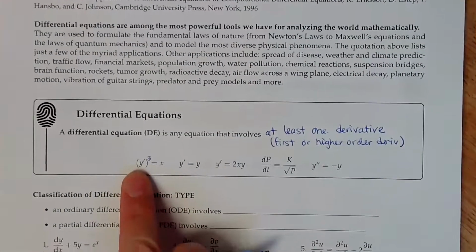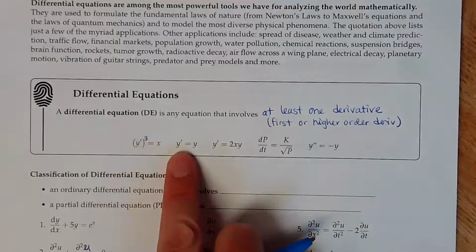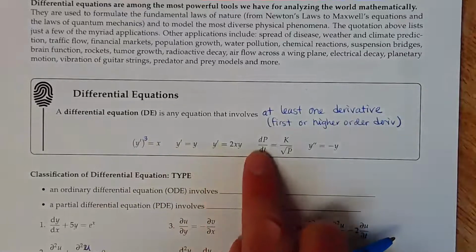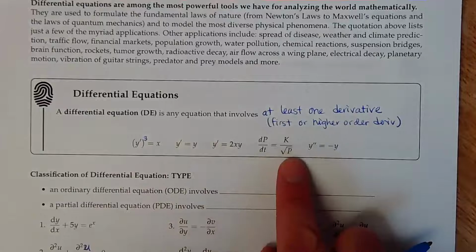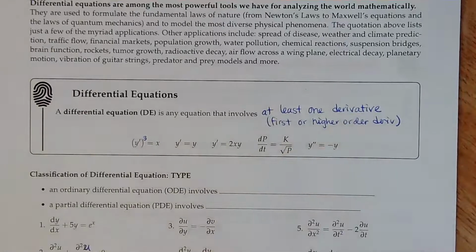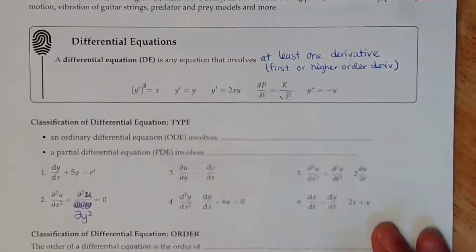Here we have y prime cubed is equal to x, y prime is equal to 2xy, dp dt is equal to k over root p, y double prime is equal to negative y, and there's so many more. There's just an incredible field of differential equations.